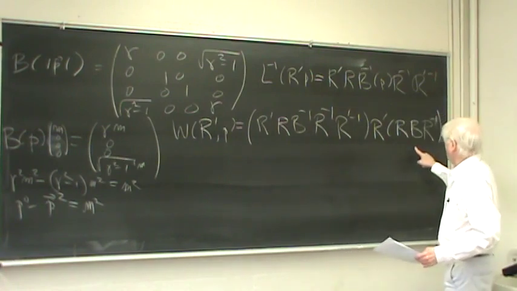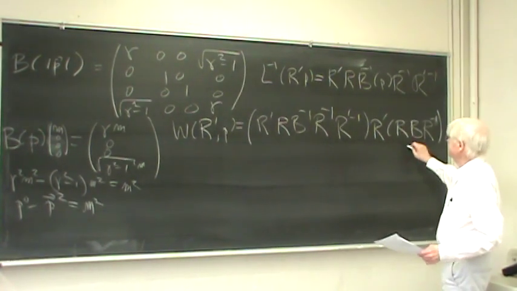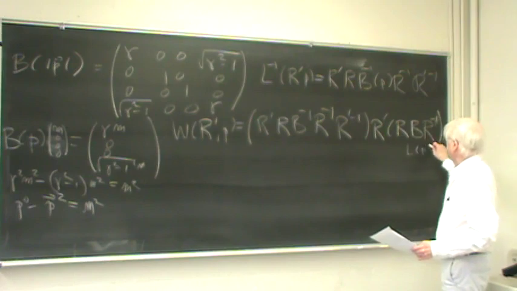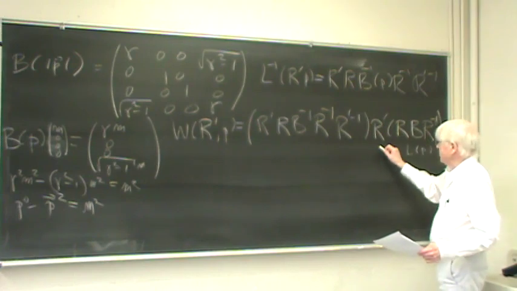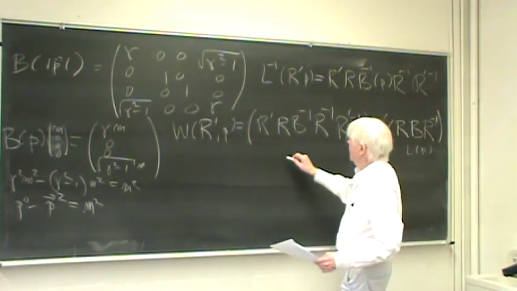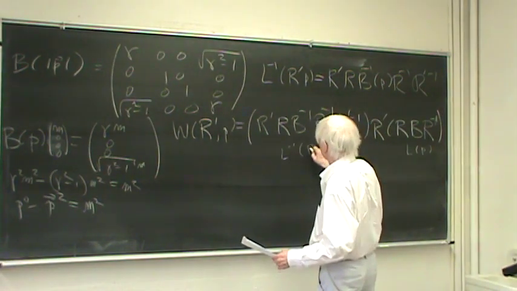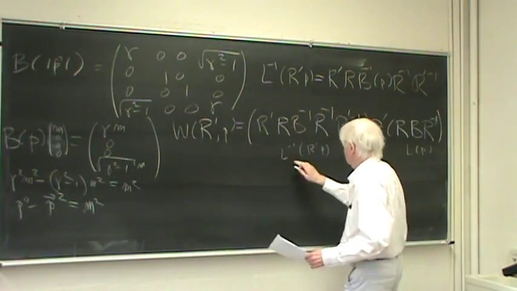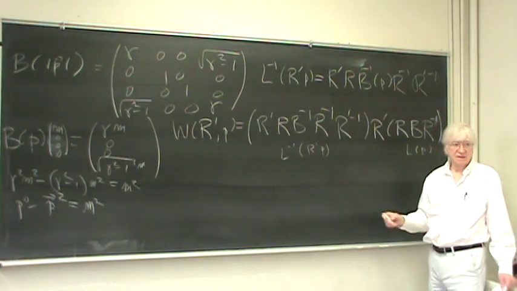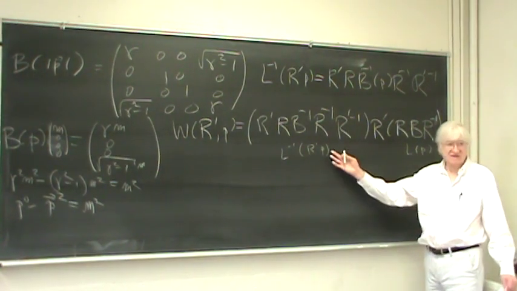Now, what is this? This is L of P. This is, of course, R prime, and this is L inverse of R prime of P. I'm just writing these in parentheses. That's what W is.